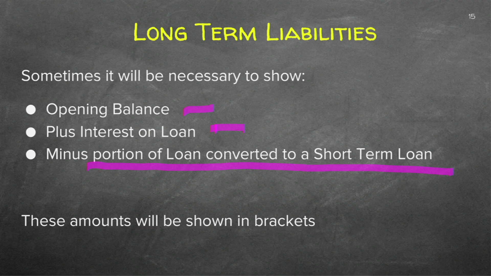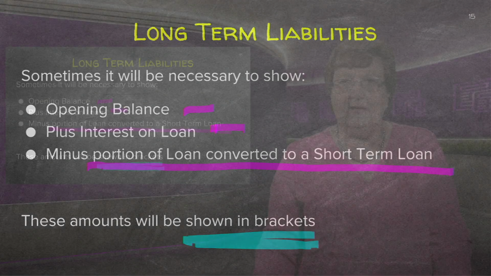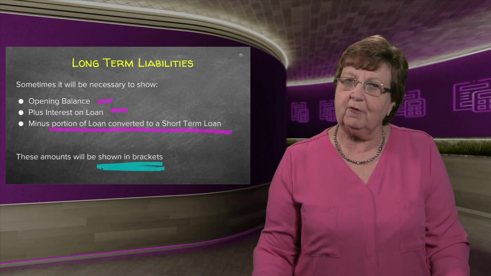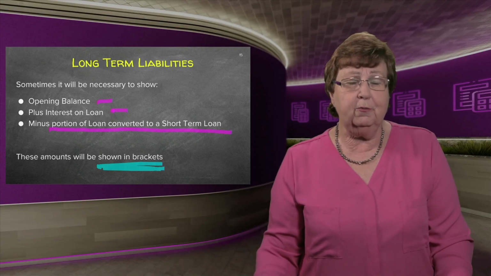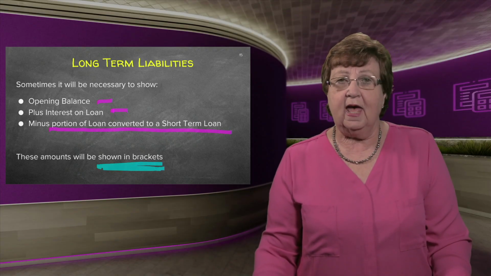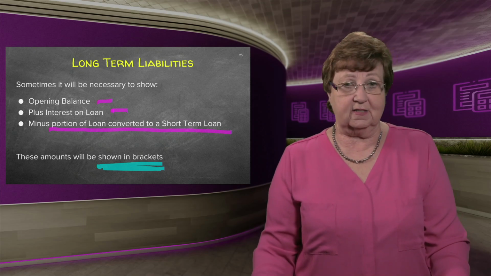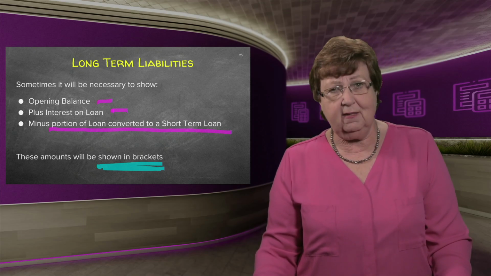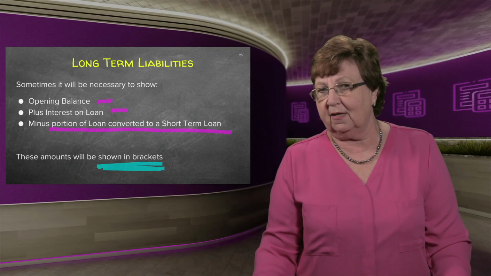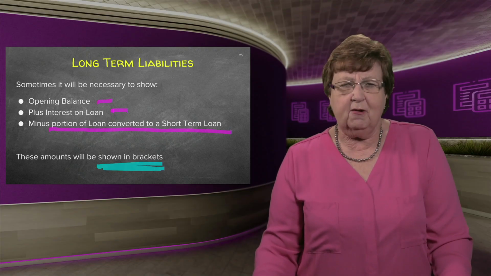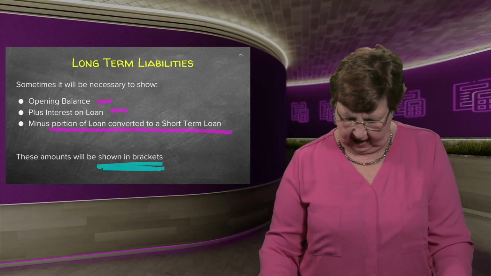And again, will you please show these amounts in brackets? Marks are allocated. So even if you get 2 out of 3 amounts correct, you will get some marks. And because you've shown the answer in brackets, you will get a method mark even if the amount is incorrect. So gather as many marks as you possibly can.